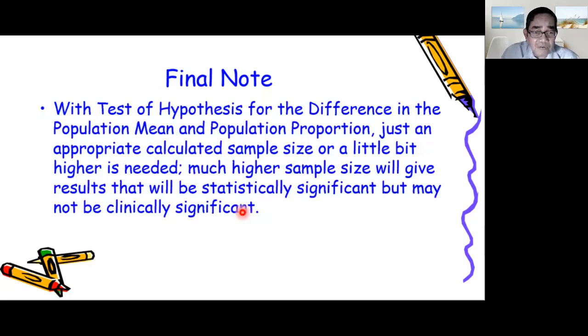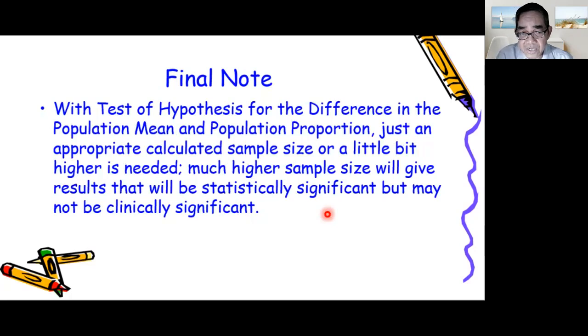Okay. But with test of hypothesis for the difference in the population mean and the population proportion, just an appropriate sample size or a little bit higher is needed. Much larger sample size will give results that will be statistically significant but may not be clinically significant.